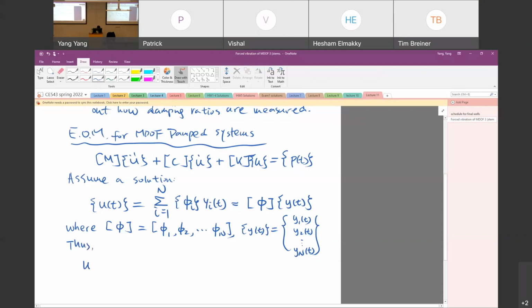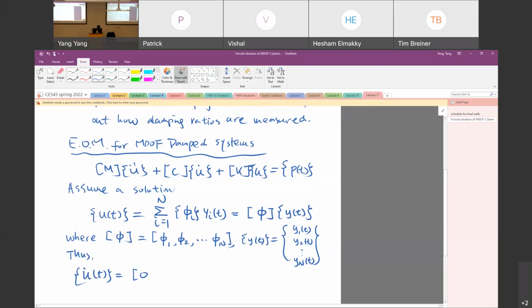So the velocity vector should be equal to the modal shape matrix times y dot of t.